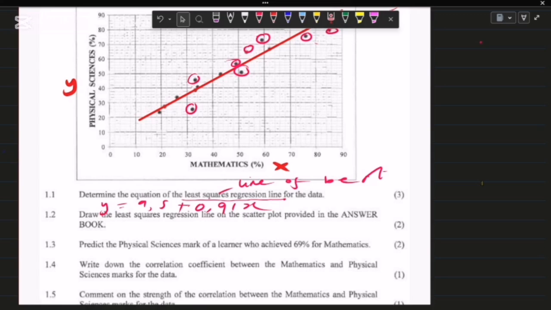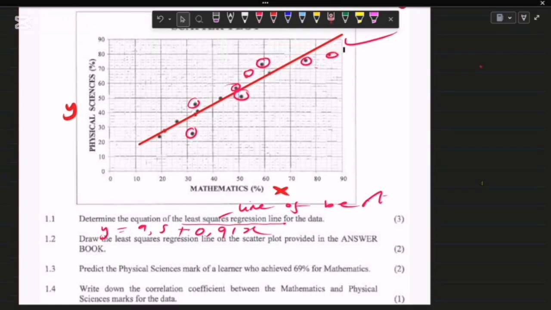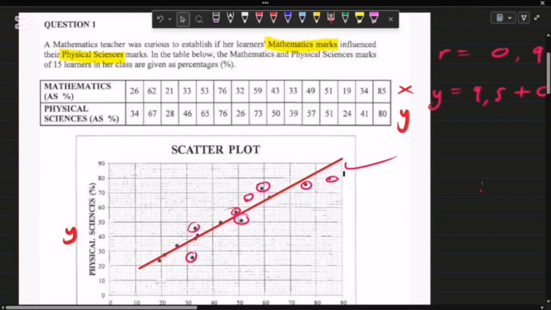One, I said it's interpolation, and then the other one was extrapolation, whereby we can take an x value that is not part of the data set. For example, the one that they've given us is 69. There is no 69 in this data set.